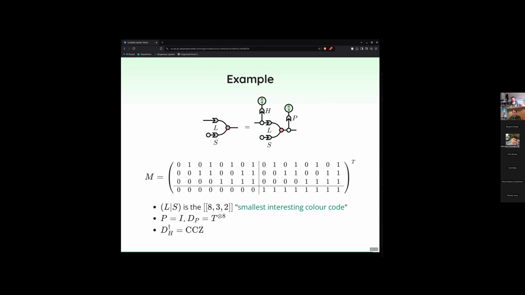So one thing you can do is, if the code is fixed, you can efficiently enumerate all of the logical transversal group for D3, or actually any level of the Clifford hierarchy. So this can be done efficiently.